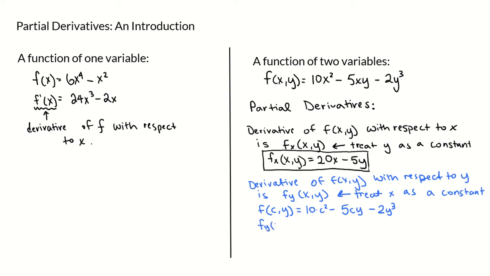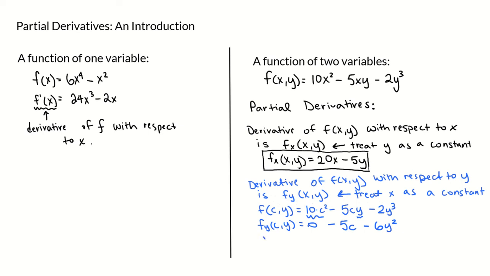So when we take the derivative, this first constant term, the derivative is 0, minus derivative of y is 1, and then we have this constant in front, so minus 5c, and then minus 6y squared. So that time we treated x as a constant, we treated y as the variable.